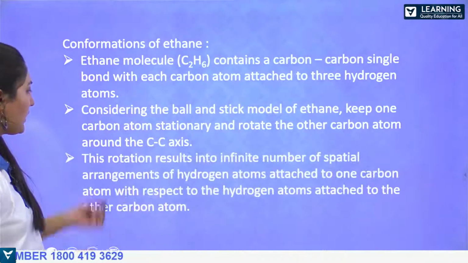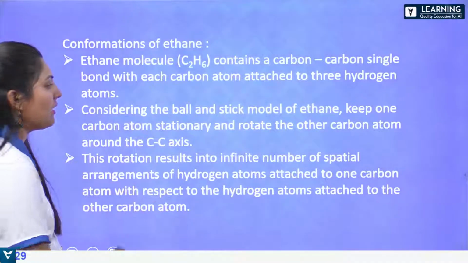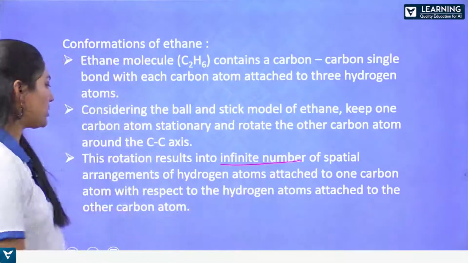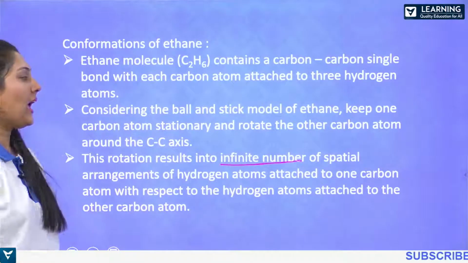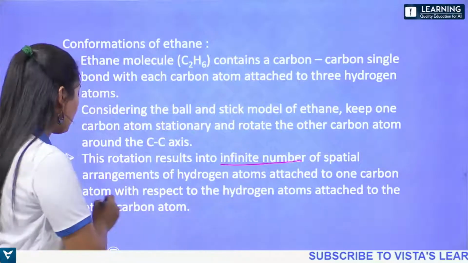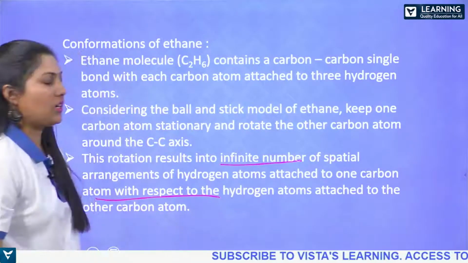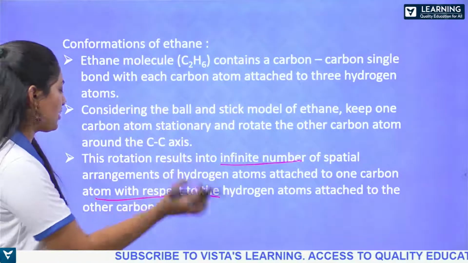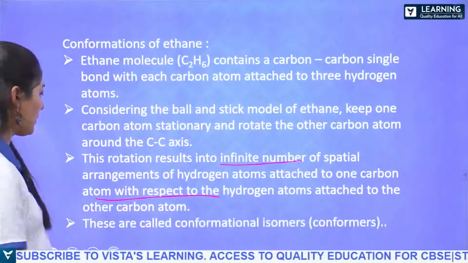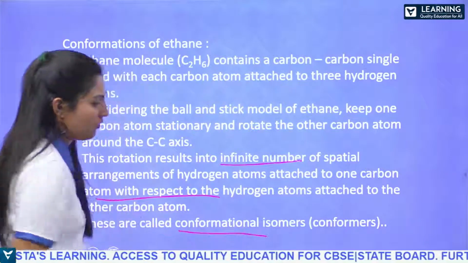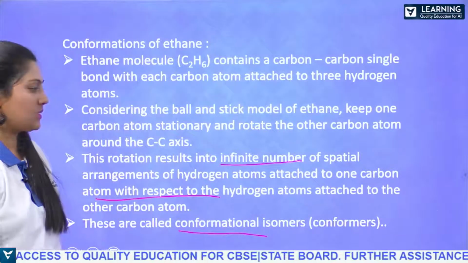This rotation results in an infinite number of spatial arrangements of hydrogen atoms attached to one carbon atom with respect to the hydrogen atoms attached to the other carbon atom. So that can be called conformational isomers.